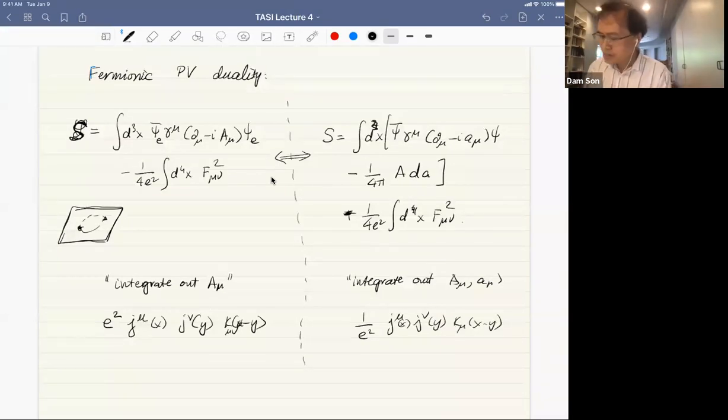So the duality that we have here is truly a strong-weak duality. It maps a weakly coupled theory on one side to a strongly coupled theory on the other side.